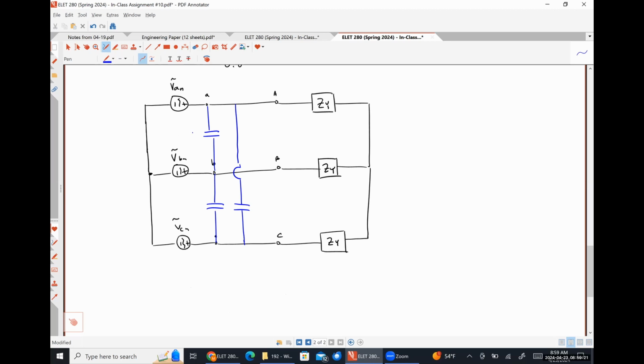So here is C delta, C delta, and C delta. Actually, these should be ZC deltas because we are given an impedance, right?